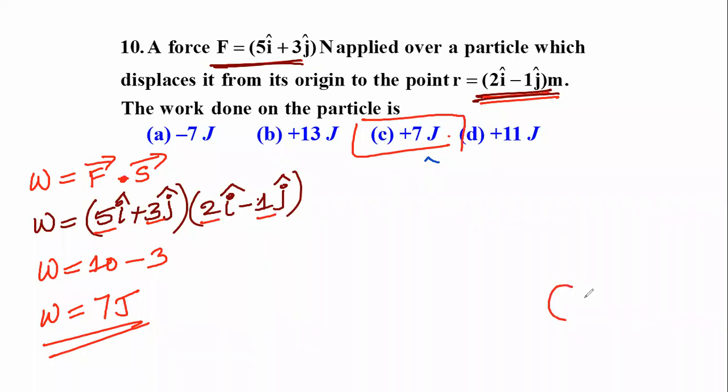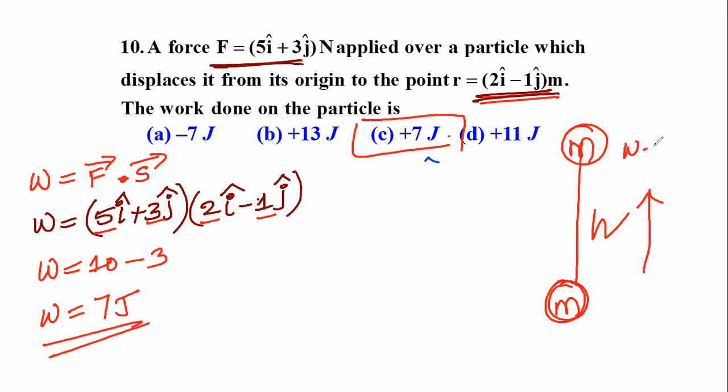Let us suppose we are lifting a block of mass m from the ground to a height h. Work done by the lifting force W is equal to mgh. Work done by the gravitational force is equal to minus mgh.